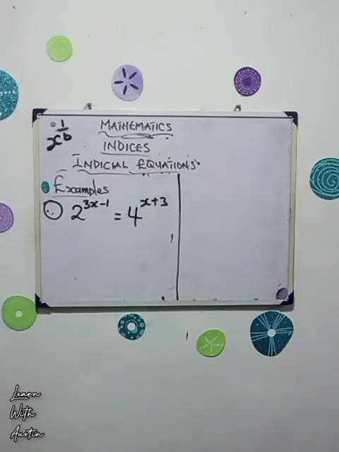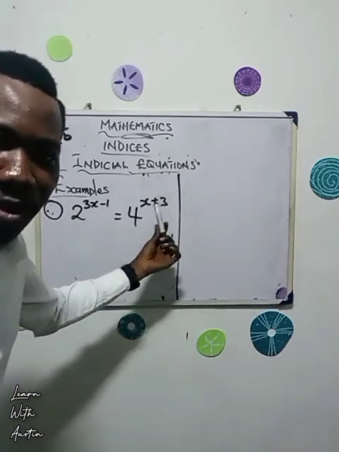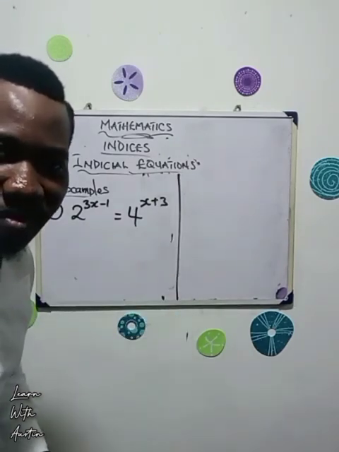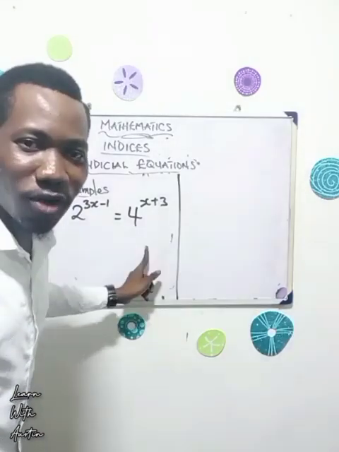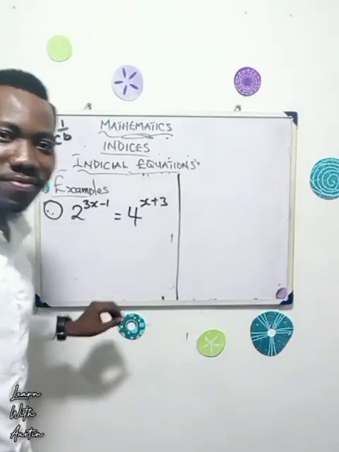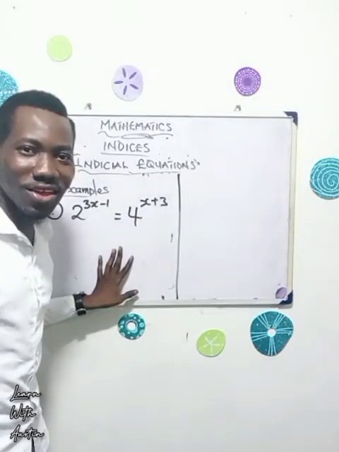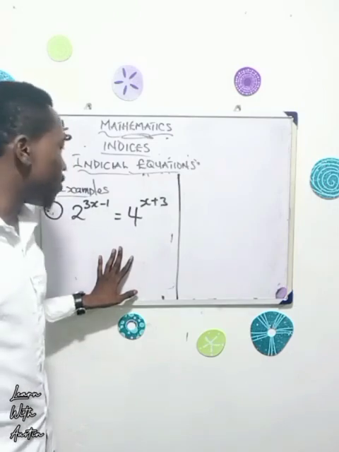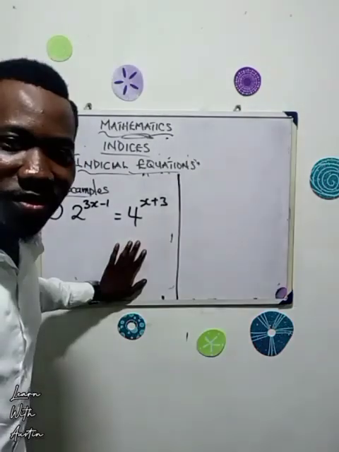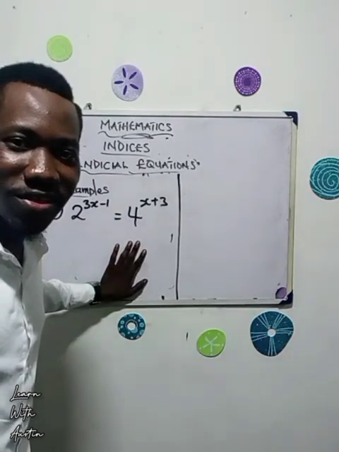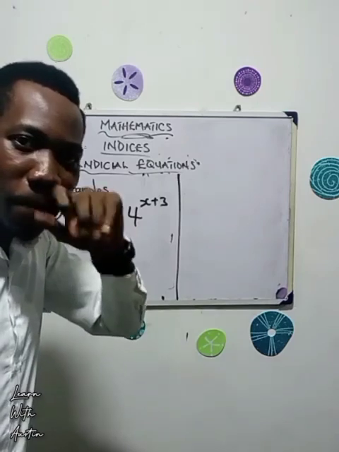This should be easy. 2 raised to the power of 3x minus 1 equals 4 raised to the power of x plus 3. Solve. I'm waiting for your answers.